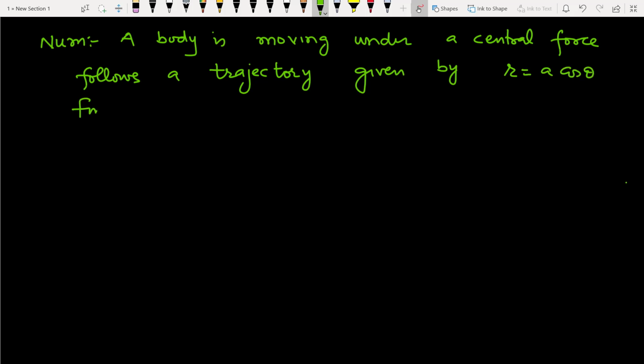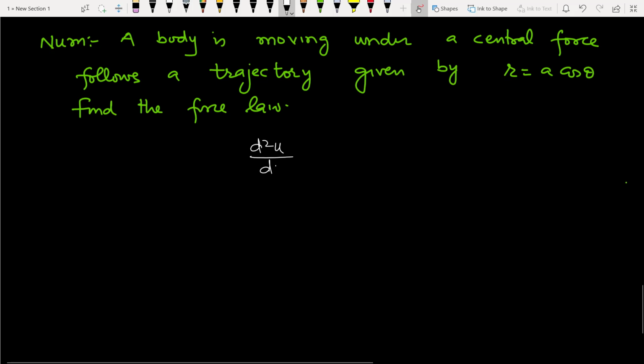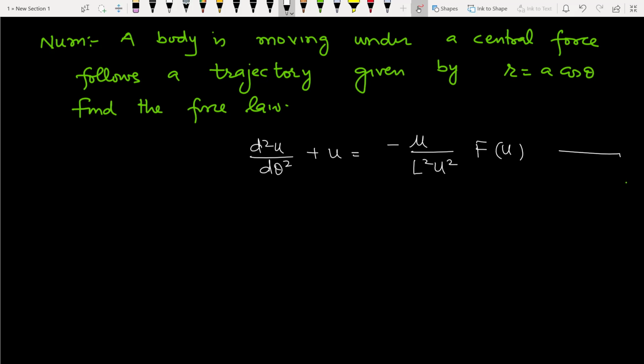Find the force law. So again our differential equation is the same, and we have to solve this equation for the calculation of force law. We are given r is equal to a cos theta, and we can put r is equal to 1 by u.